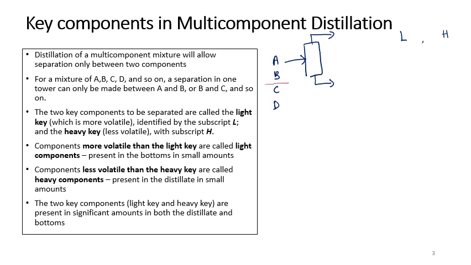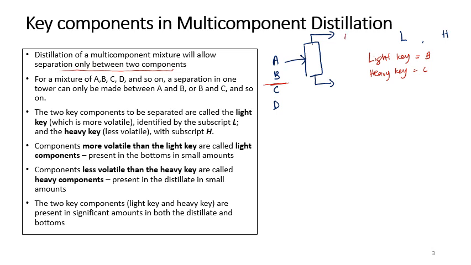We decide the separation only between two components, meaning we decide the split between component B and C. So the light key is component B and the heavy key is component C. Since B is the light key, any compound that is more volatile than component B will follow component B to the top of the column.